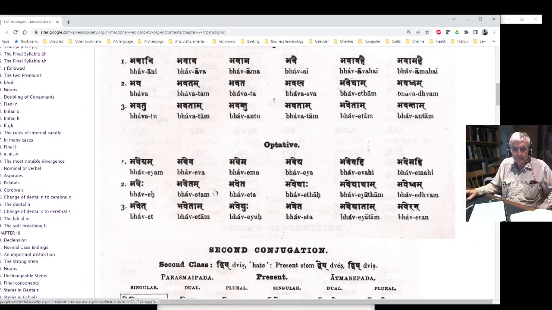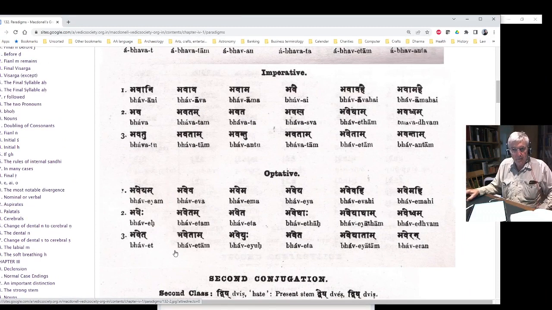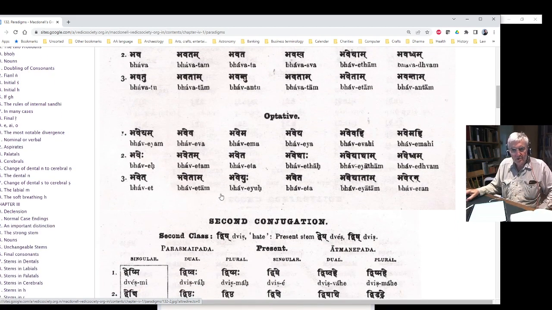So, this is the optative now of the first, the far more common conjugation. That's classes 1, 4, 6, and 10. The second conjugation, as all of the other classes, although there are 10 classes, they're divided into 2 conjugations because all of the verbs of what's often called the first conjugation, classes 1, 4, 6, and 10, show identical sets of endings.